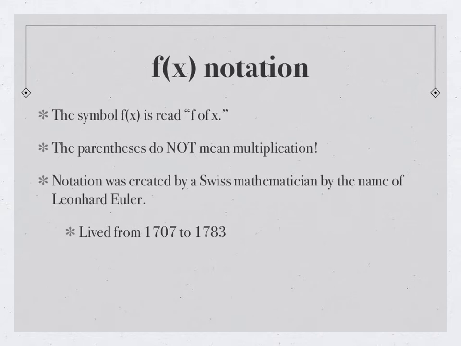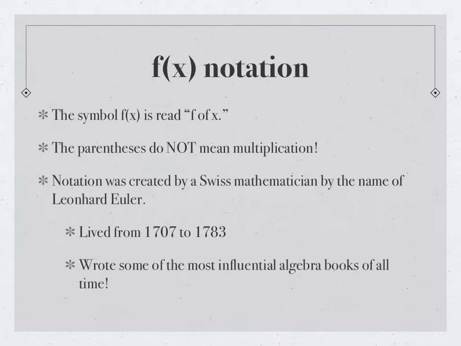He was around way back when, 1707 to 17, and he, as I just said, is most well known for writing a bunch of algebra books. Okay, he sort of discovered the system. He created the symbols that we still use today. This stuff is a big deal to him. So just keep that in mind.